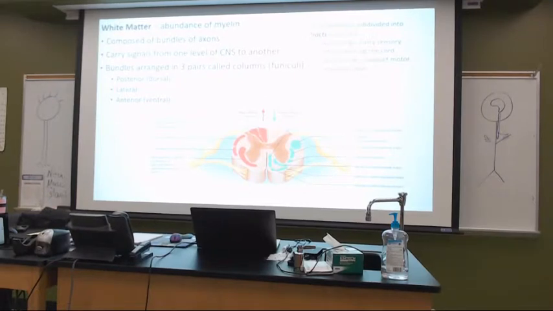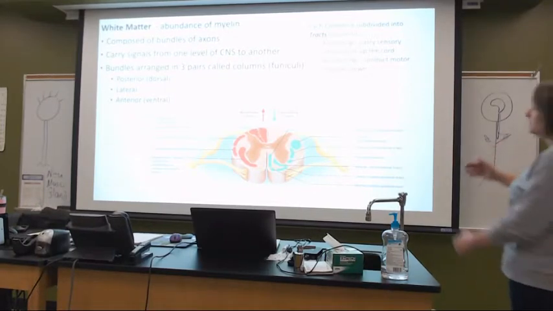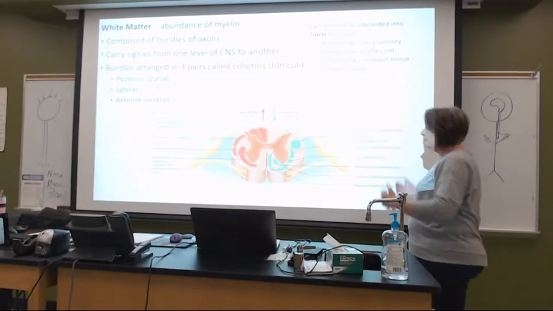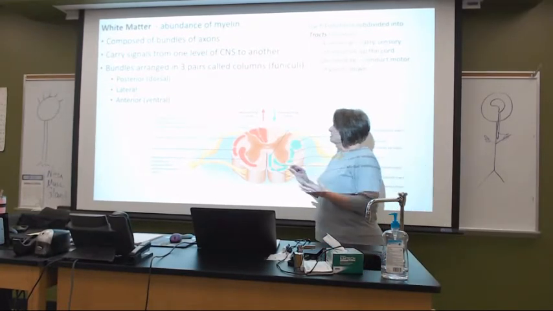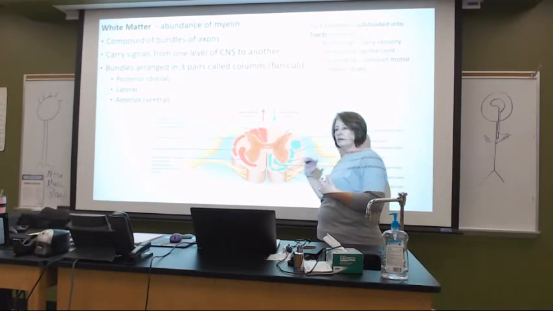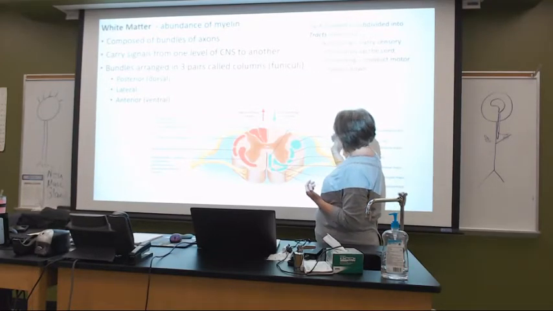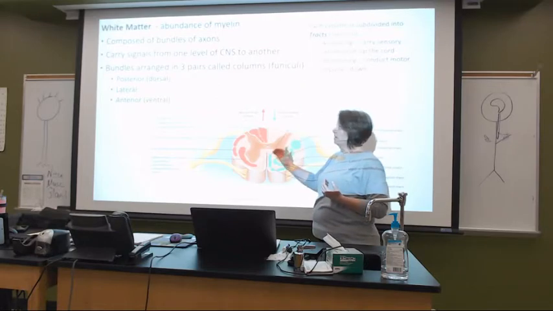It's very important, okay? So, we're going to find that that sensory information has to come in. When it's these ascending tracts, information moves up the spinal cord. If it's descending, it's going to travel down.